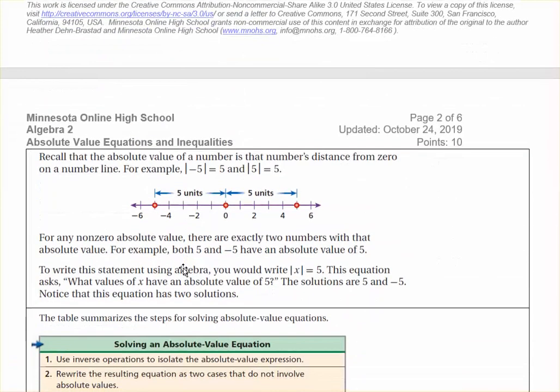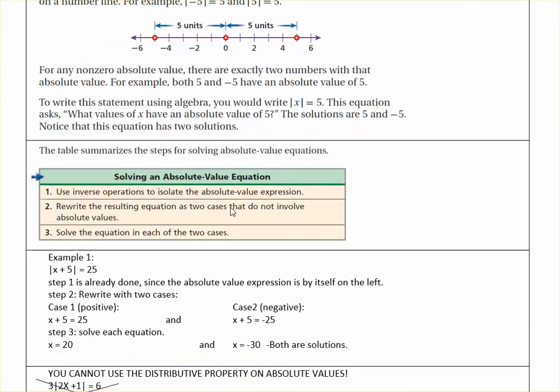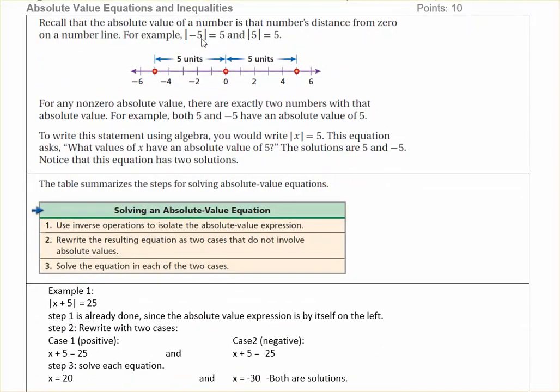Now the next section we're going to look more at equations, solving absolute value equations. So in an absolute value equation, you are going to think about both of the options that you could have when you take the absolute value of a number. So the absolute value of negative 5 is 5.